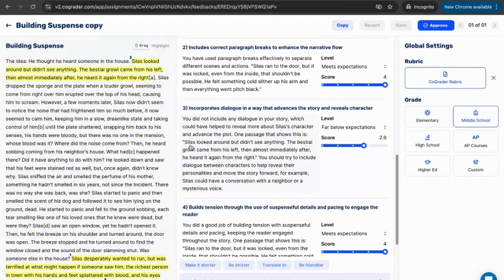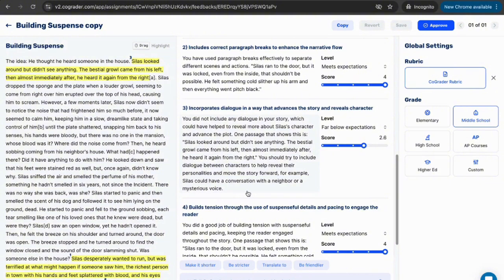What I really like about this feedback is two things. Number one, it specifically highlights a passage where the student did not use any dialogue. And then it says, hey, here's a way that you can include dialogue. For example, Silas, the protagonist, could have a conversation with a neighbor that was mentioned, or the mysterious voice that the character is hearing.